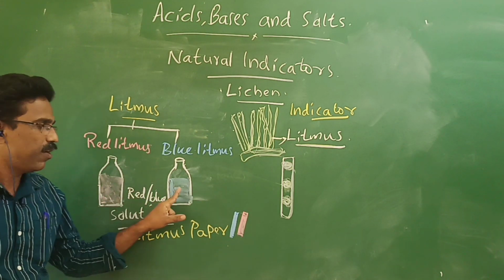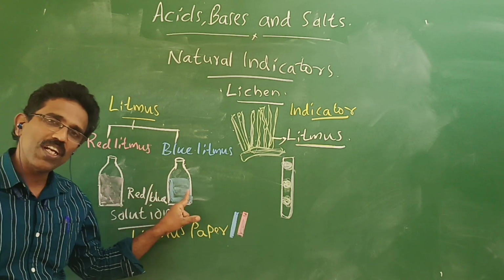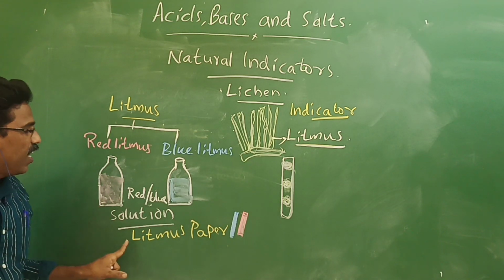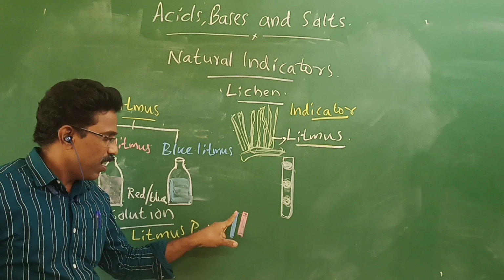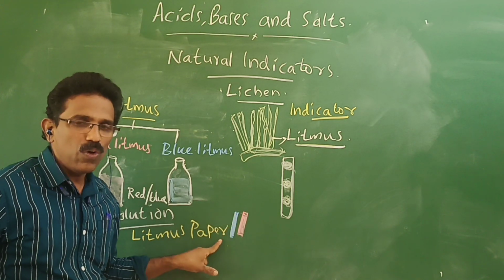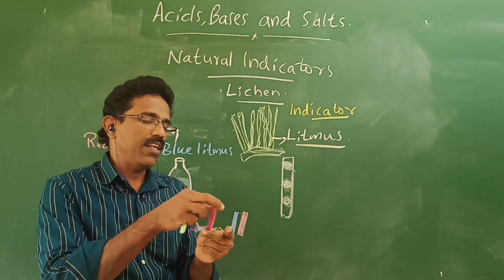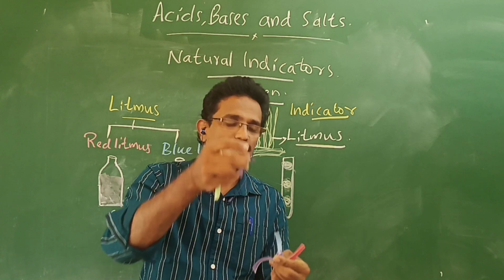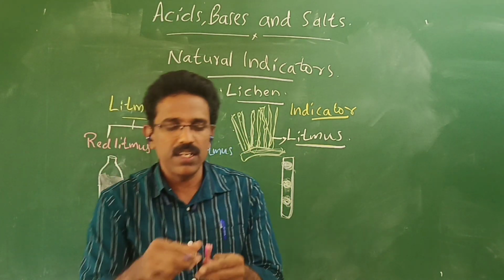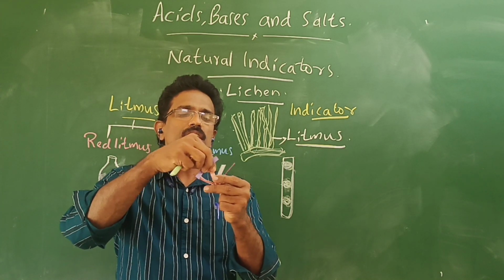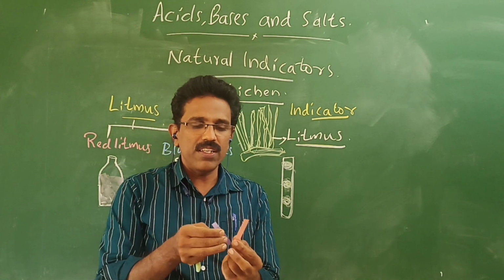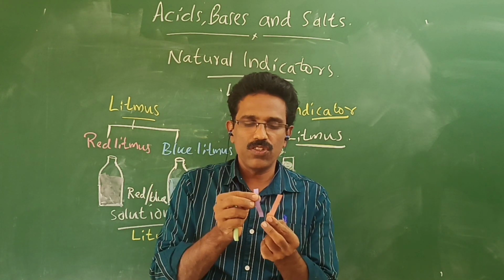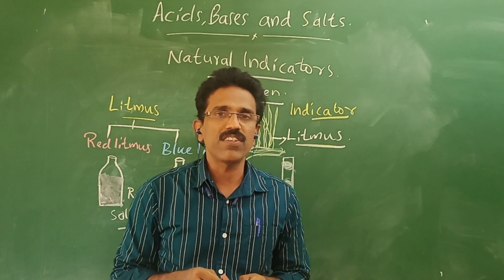Both these solutions can be used as acid-base indicators. Another form is litmus paper. Red litmus paper and blue litmus paper, and from these you can take strips, a strip from blue litmus and a strip from red litmus. You can test acids and bases. This litmus paper, red and blue, is used to test the presence of acid or base.